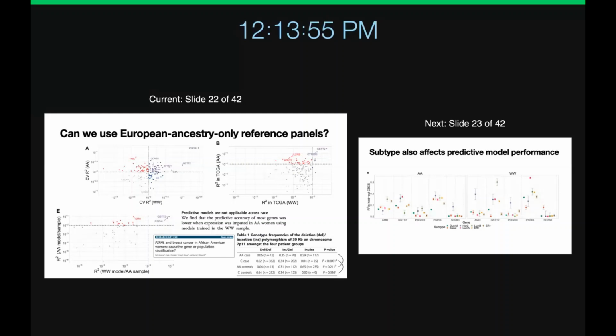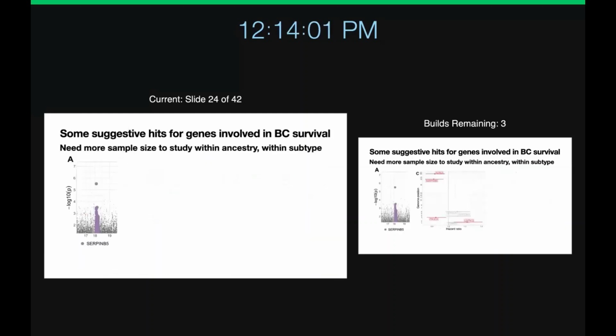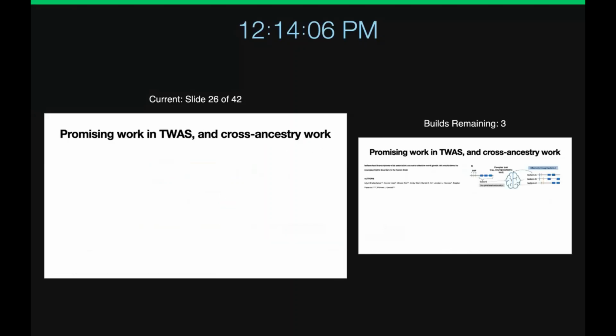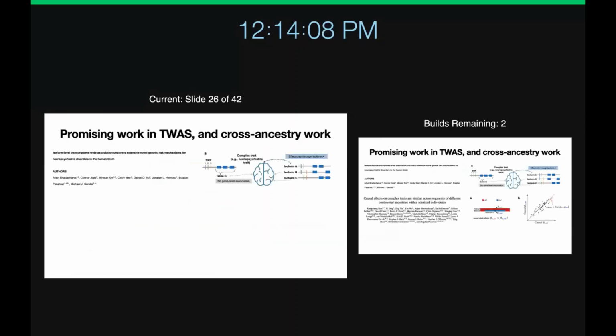Let me see. I want to jump ahead because I'm coming up to the end, and I'm going to jump through the results we saw. This work is called a transcriptome-wide association study. So the idea is going from the genome to the transcriptome, or the genes.